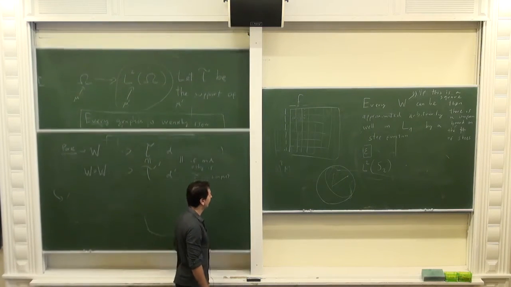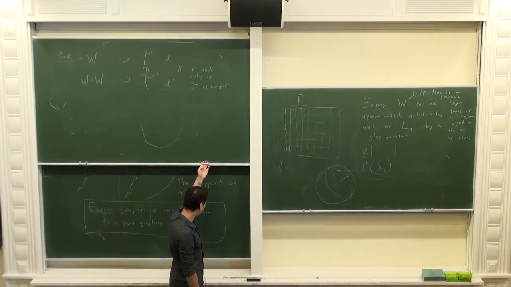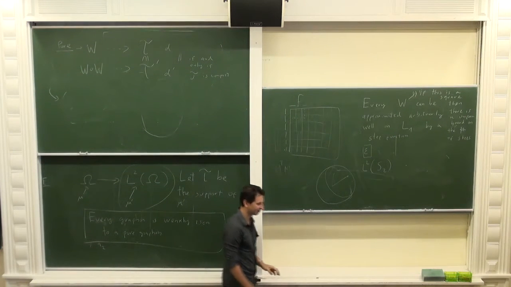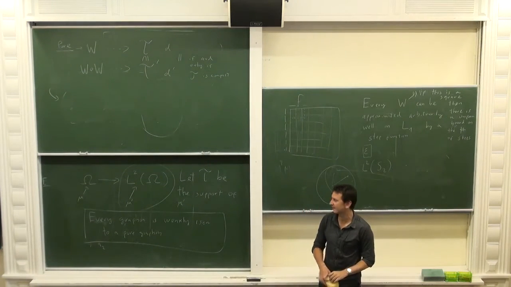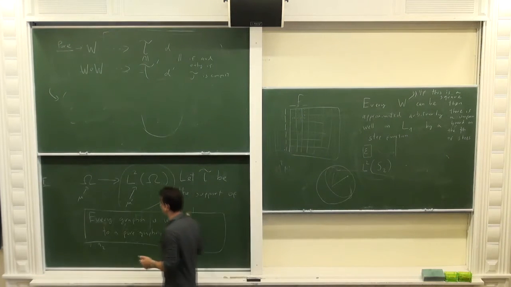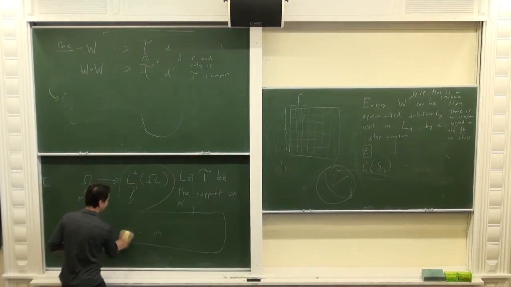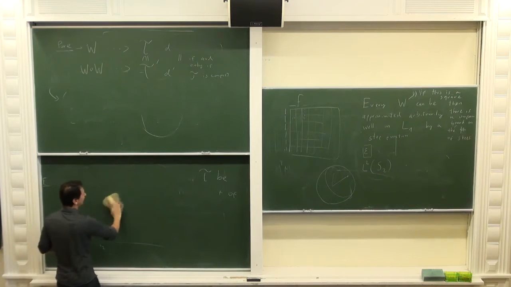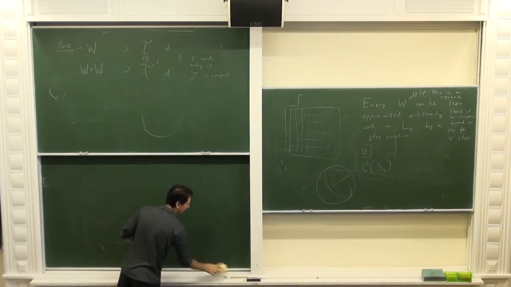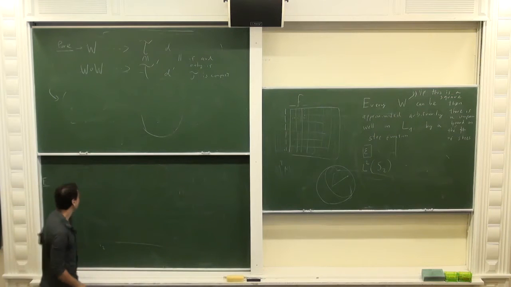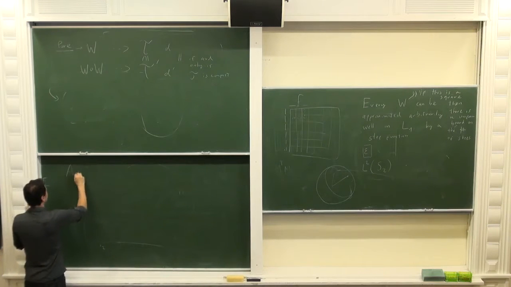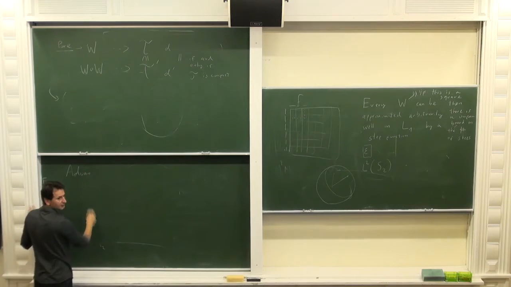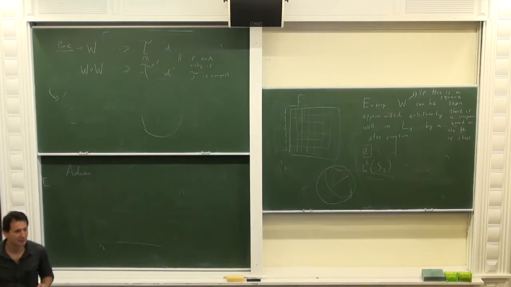I have little time left, but I really want to say a few words about the applications of this topological space, because that's more important than the little details here. So why do we consider this topological representation of the graph? Yes, this is always compact.